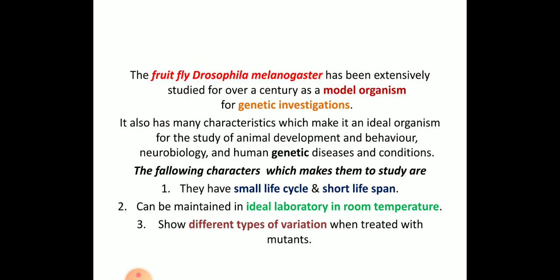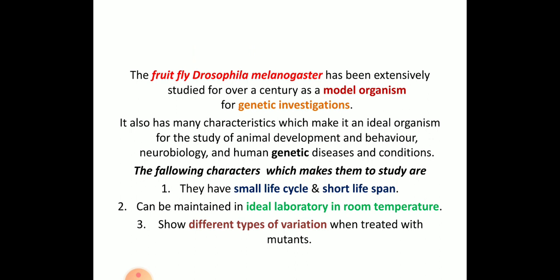The same reasons can be given for Drosophila. As we discussed, the pea plant is short-living, it has many different types of variations, and it is an annual plant that lives only for 1 year and can be cultivated easily in normal environmental conditions.